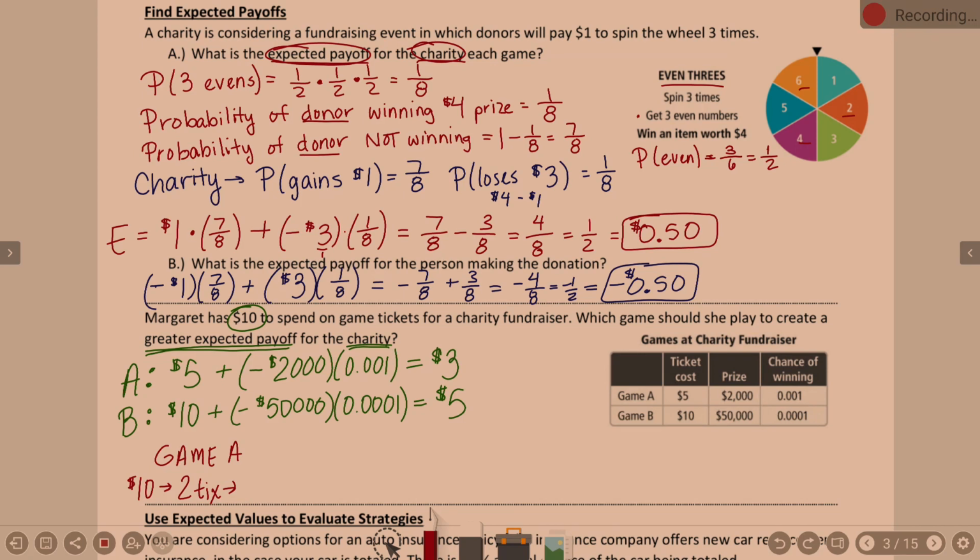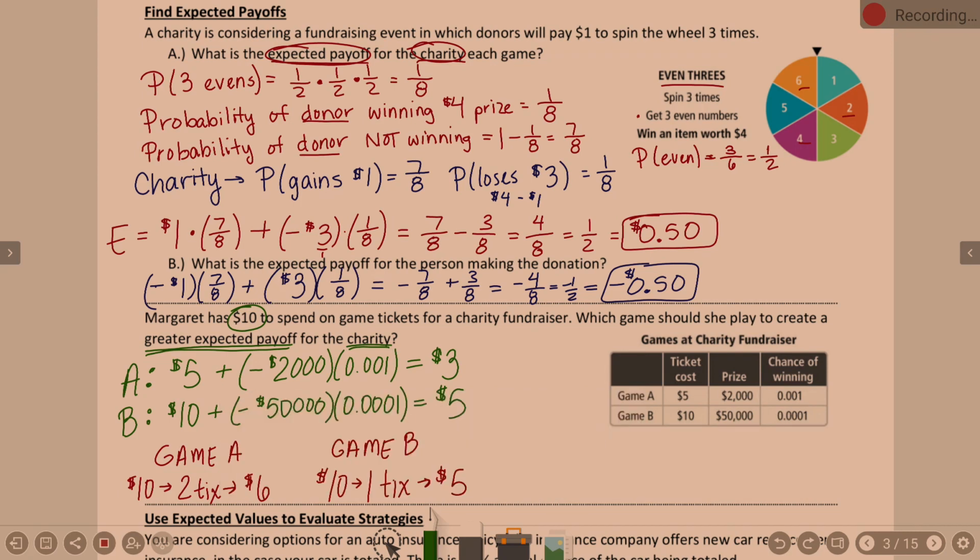They're getting $6. As opposed to game B. What do we know about game B? With $10, I can buy 1 ticket, and what are they getting out of me? $5.